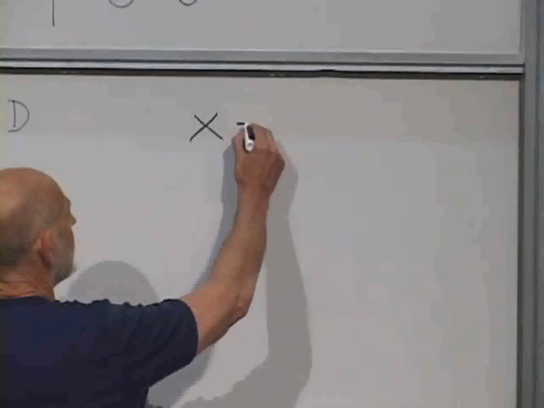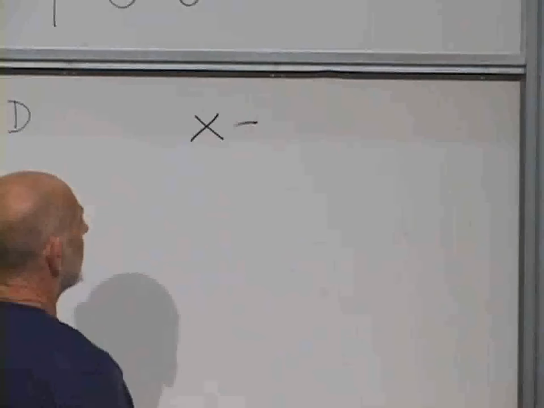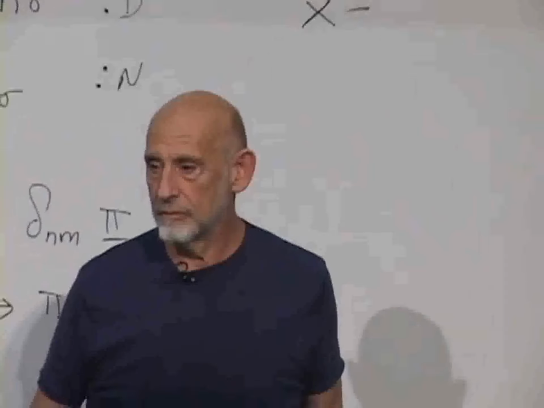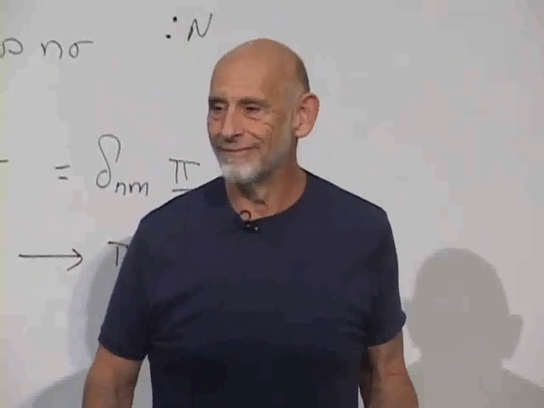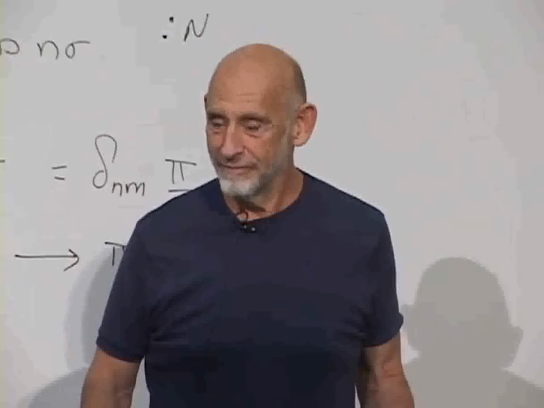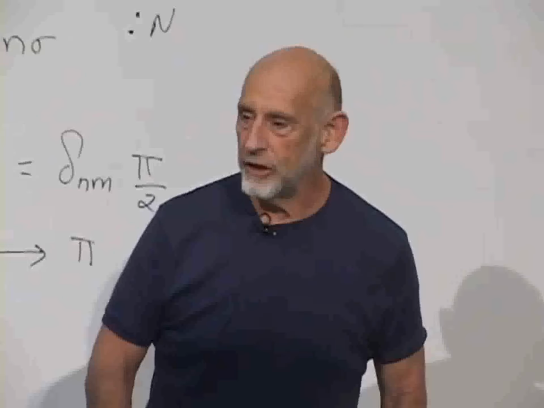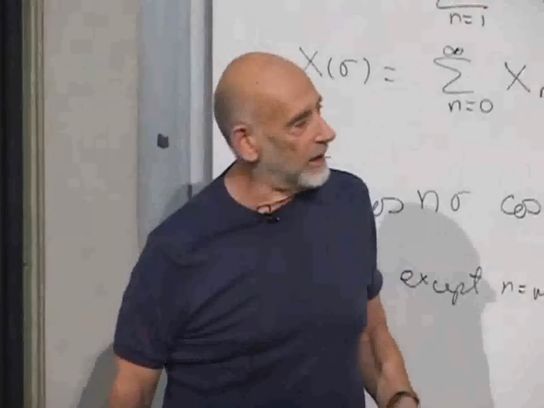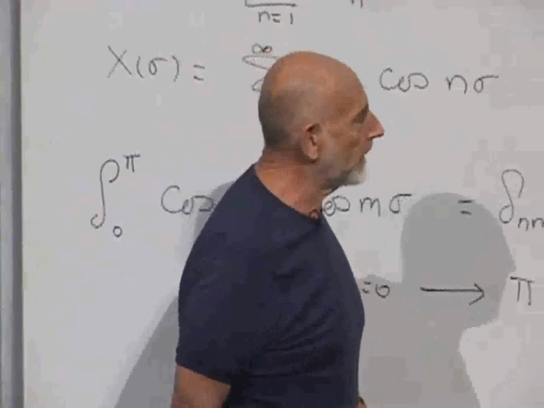What is the kinetic energy? What's the kinetic energy of the point? 1/2 m x dot squared, right? 1/2 m times the time derivative of x squared. But you can always work in units in which the mass is equal to 1.